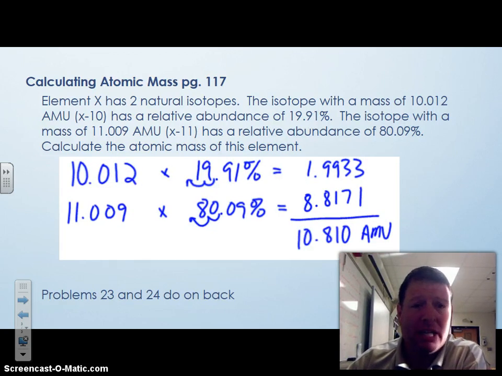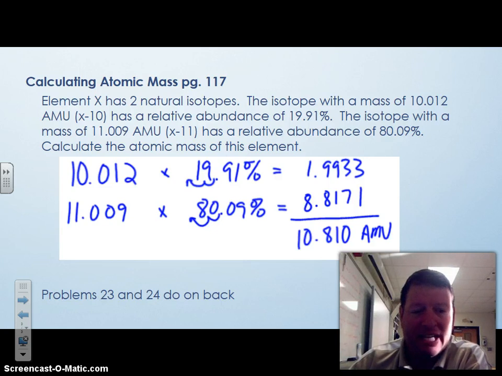10.012 multiplied by 19.91. Now the first thing you need to remember is you're multiplying by a percentage. So you have to move the decimal place 2 places to the left and then multiply. And when you do that, you get 1.9933. That's for X10.